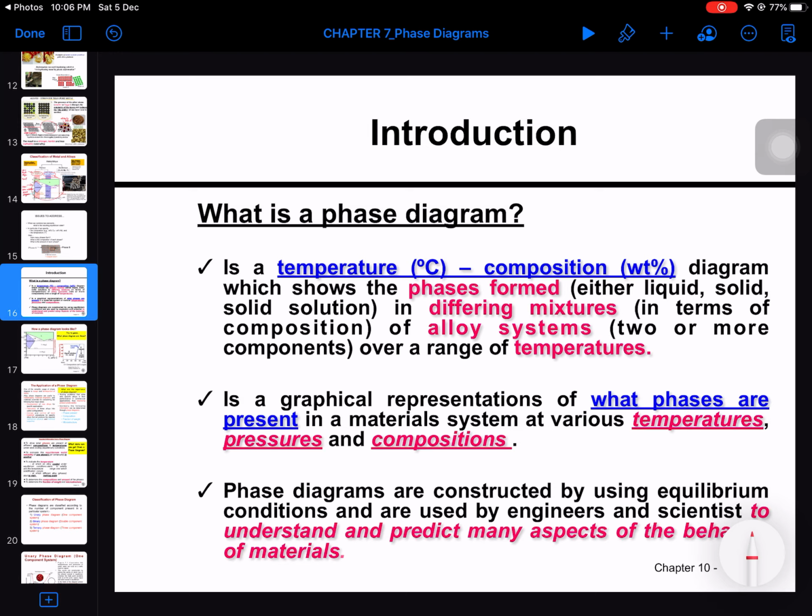Phase diagrams are constructed when various combinations of these parameters are plotted against one another. But as far as this chapter is concerned, we are taking the phase diagram at atmospheric pressure, which is 1 atm.